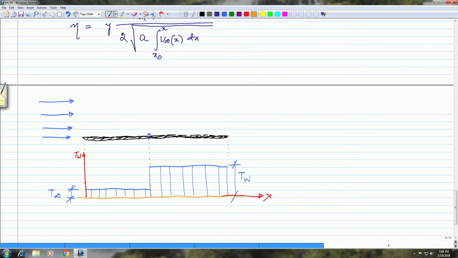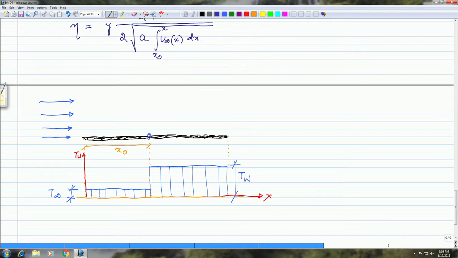Basically this location is x naught, and this could be x for that matter. It could be anywhere.